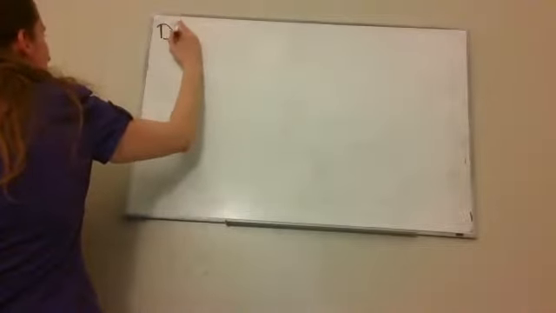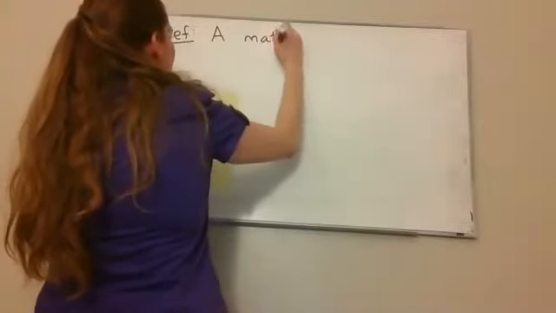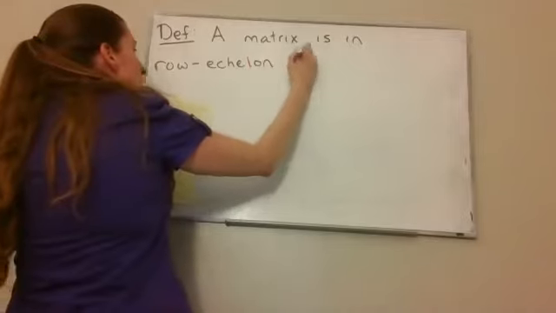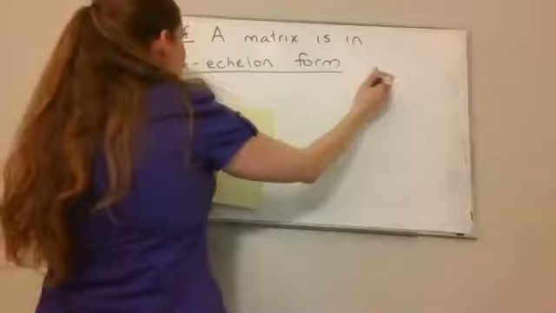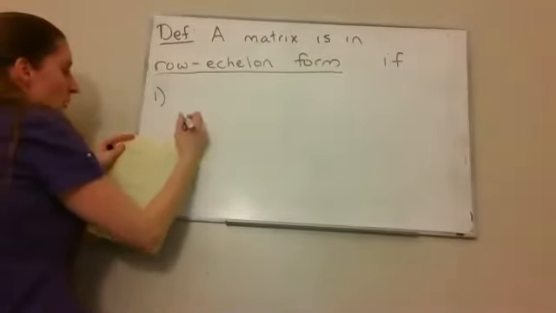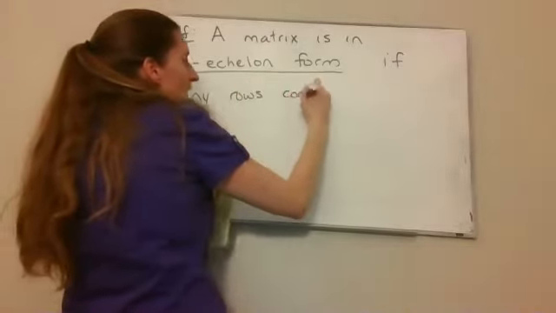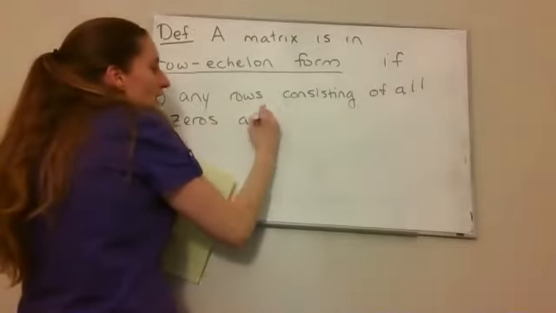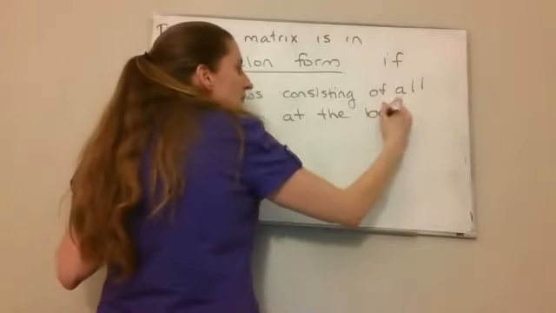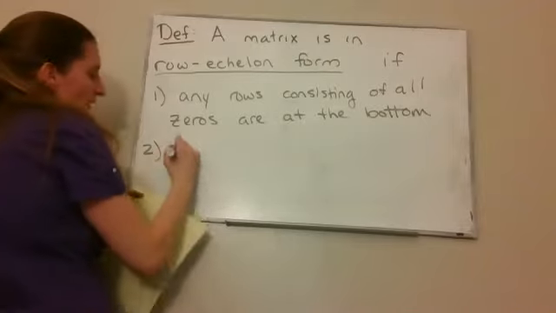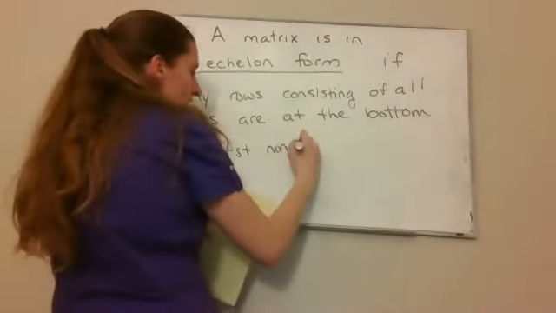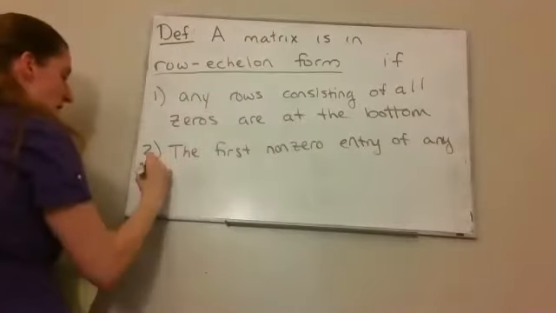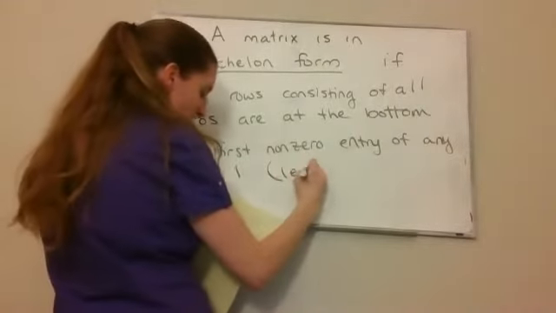Definition. A matrix is in row echelon form if these three things are true. 1, any rows consisting of all zeros are at the bottom of the matrix. 2, the first non-zero entry of any row is a 1, and we call this the leading 1.